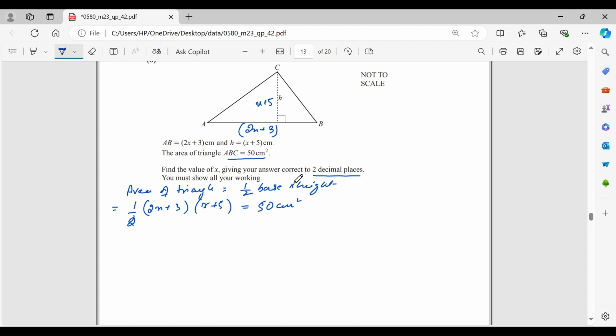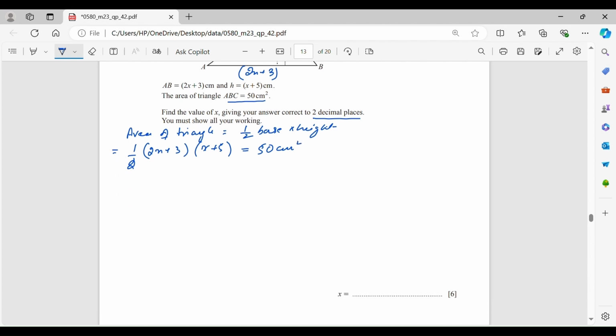Now we will solve this. This is 1 by 2, 2x bracket x plus 5 plus 3 bracket x plus 5. This will be equal to 50 into 2 is 100, right?